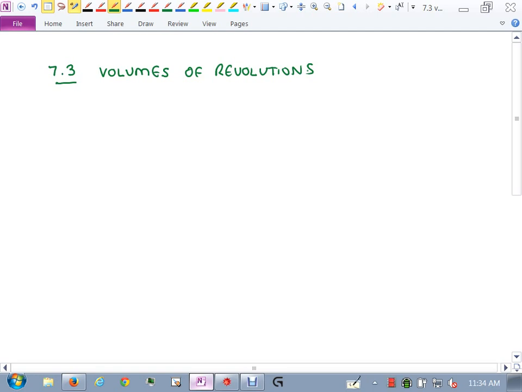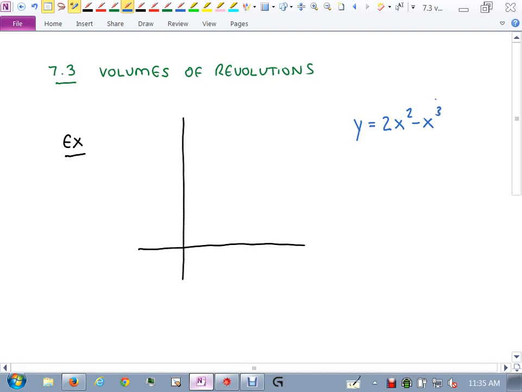I'd like for us to motivate today, and I've got to still fill in one more thing up here, but I don't want to give it away. All right. So let's start with this example. Let's say that I wanted you to rotate the following. Let me tell you what it is, and then we'll draw it. y equals 2x squared minus x cubed.